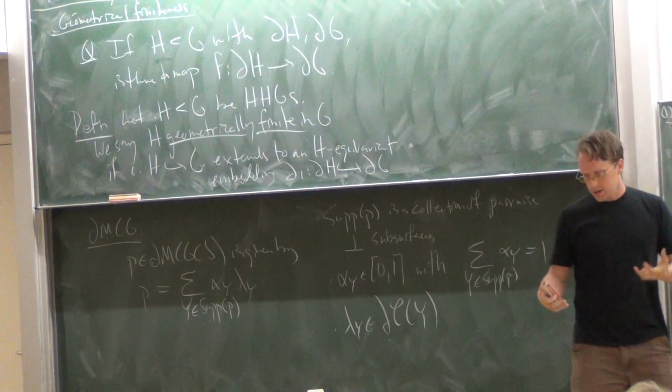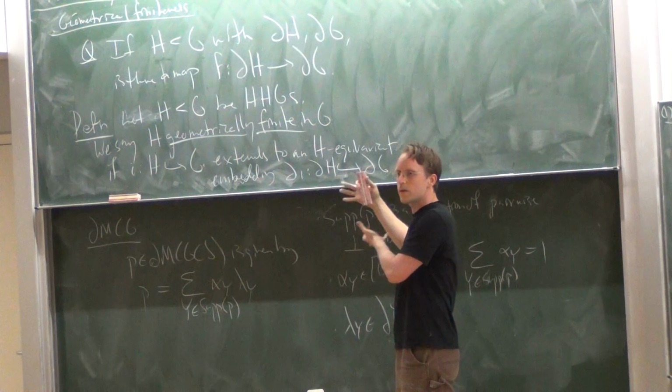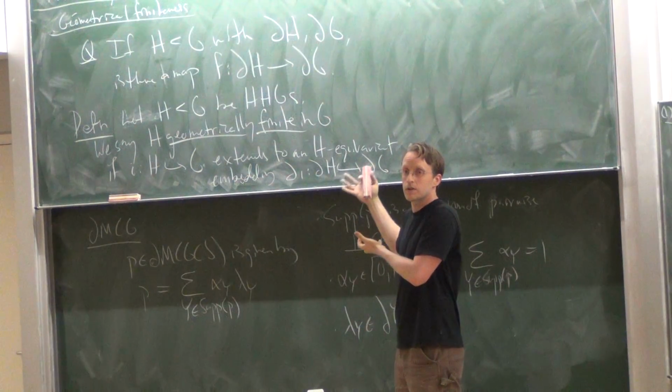What it's telling you is that whatever natural HHG structure you have is in some way compatible with the HHG structure of the ambient group.